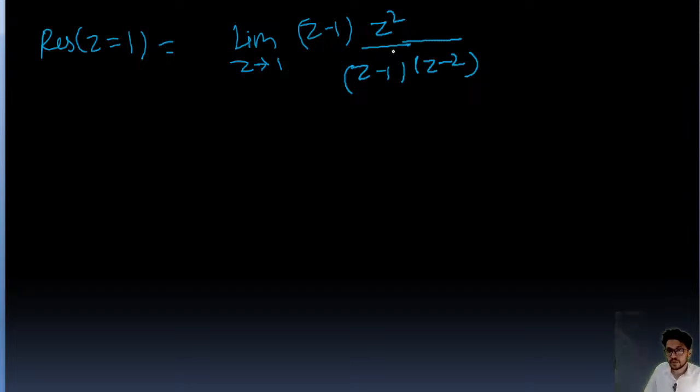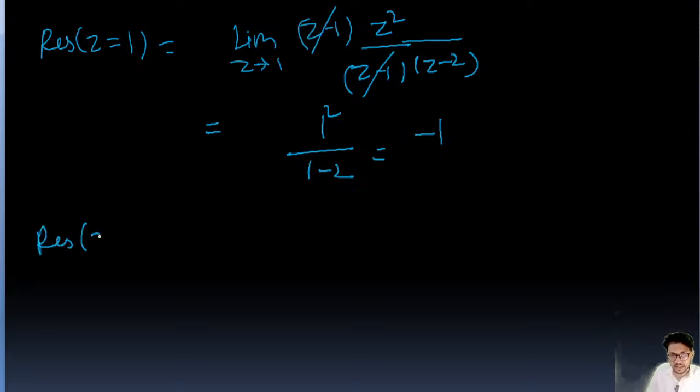The z minus 1 gets cancelled, and this value is going to be 1 squared upon 1 minus 2, so this is going to be minus 1. This is the residue at z equal to 1.